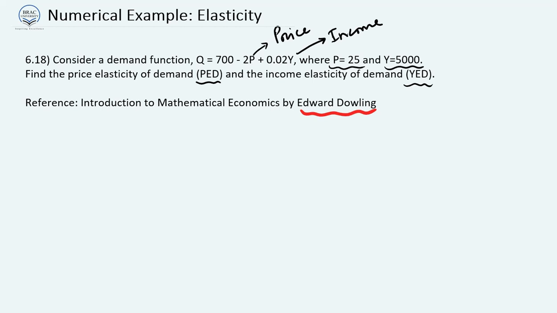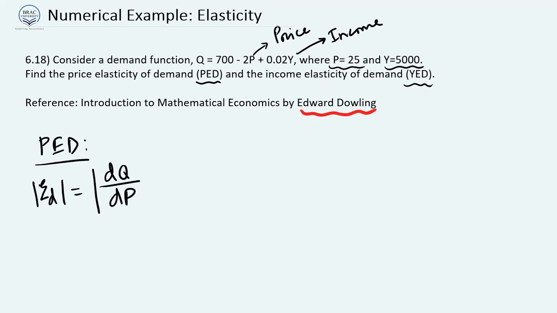So let's write the formula of price elasticity of demand. In the last video, I'm sure you can recall the formula, which is del Q by del P times P by Q. So I need three values, del Q by del P, P and Q, to find epsilon D, which is the price elasticity of demand.